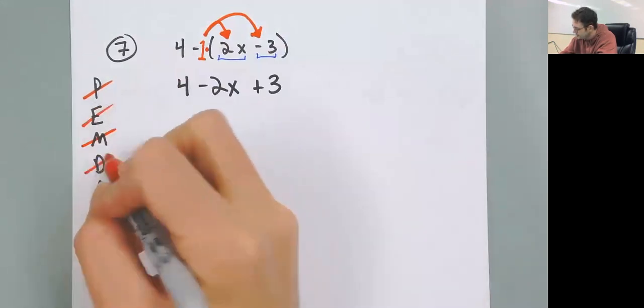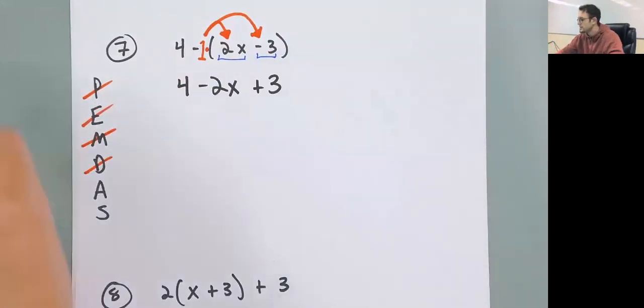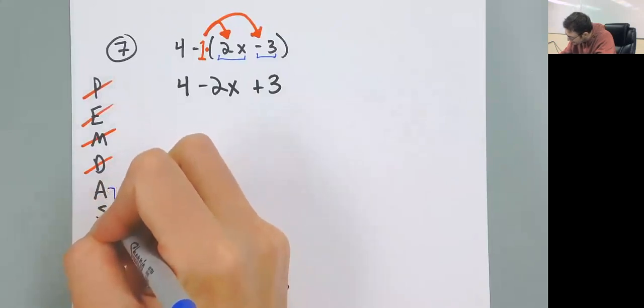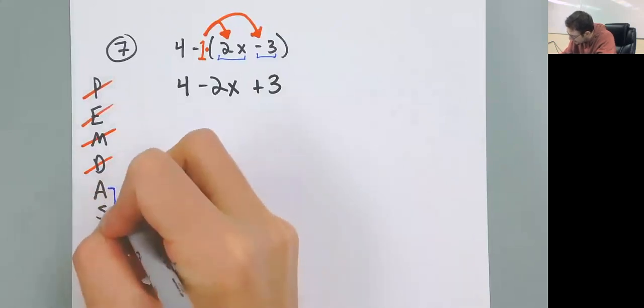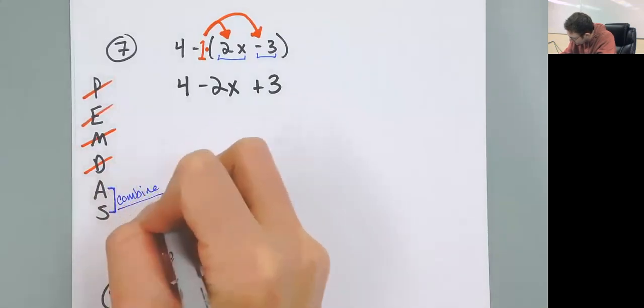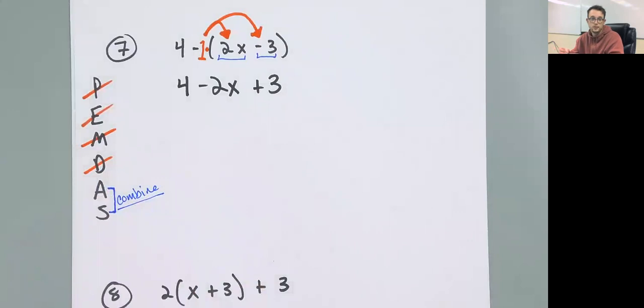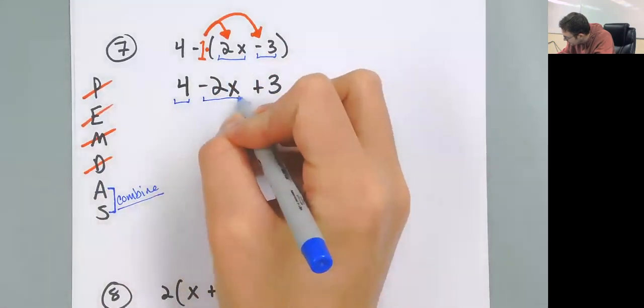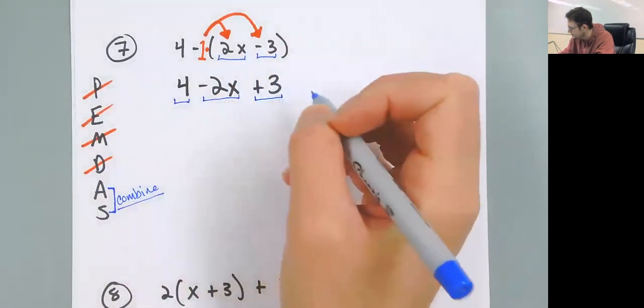All right, so I did the multiplication, which was distribution. There's no division. All right, now we're to this step, right? This step is going to be combine like terms. So I gotta look at these. I have a +4, I've got a -2x, and I have a +3.